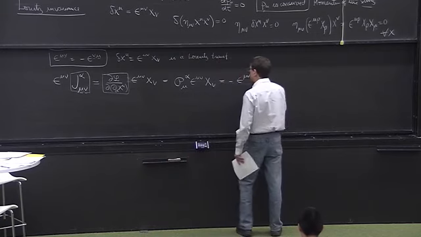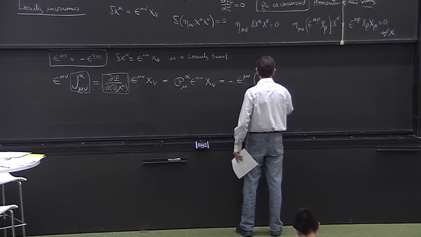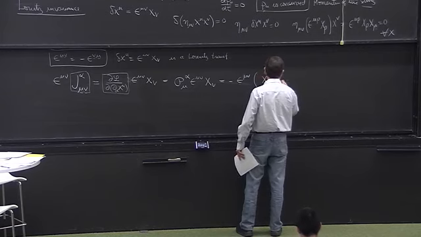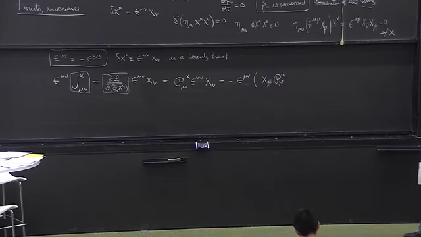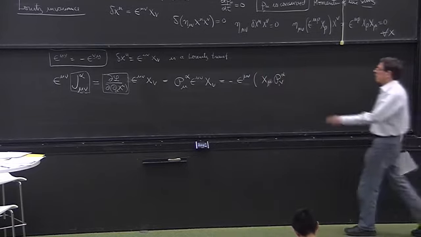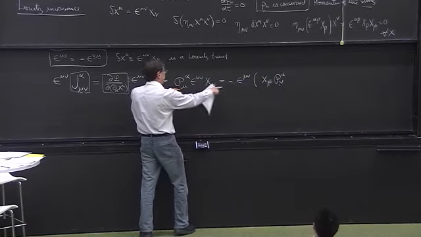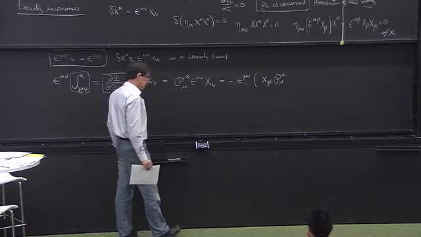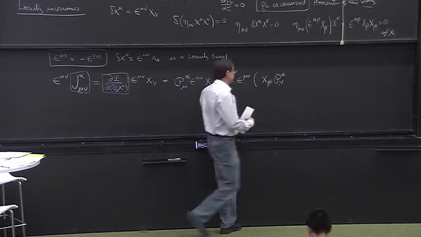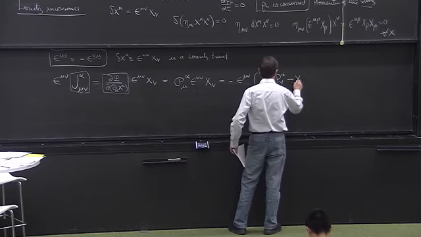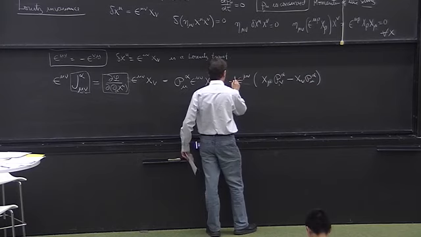I put a minus there for convenience, and then I'll put x^μ P^να. Is that right? Because ε_μν is anti-symmetric, so if I change the μ and the ν here, I get a minus sign. But I want to write this as a manifestly anti-symmetric thing, so I'll put x^ν P^μα, and I'll put a 1/2 here.